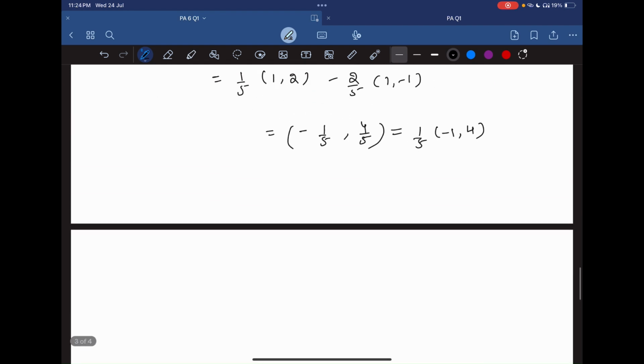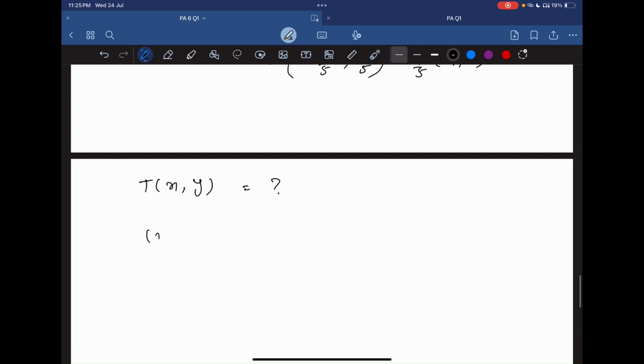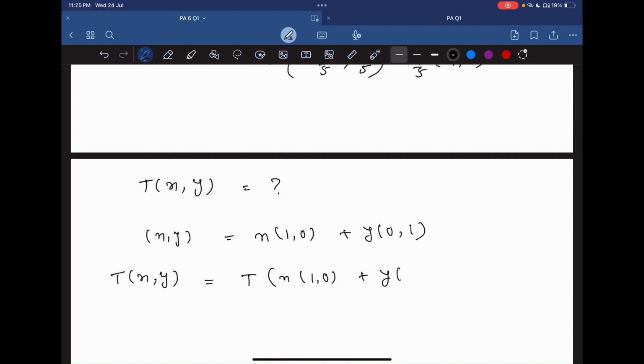Now we have to find T(x, y) here. So we can write (x, y) as x times (1, 0) plus y times (0, 1), taking T on both sides. So it would be T of x times (1, 0) plus y times (0, 1).